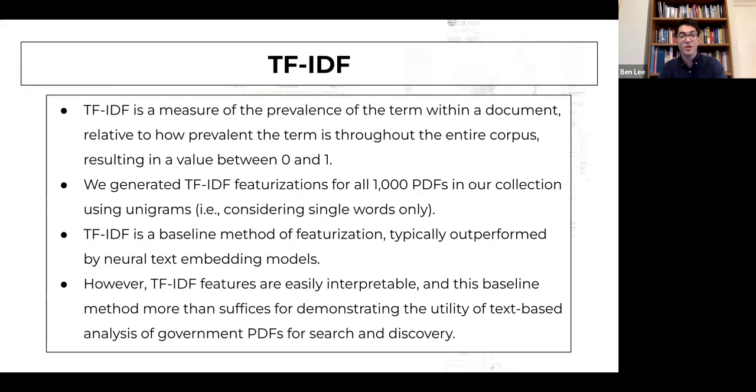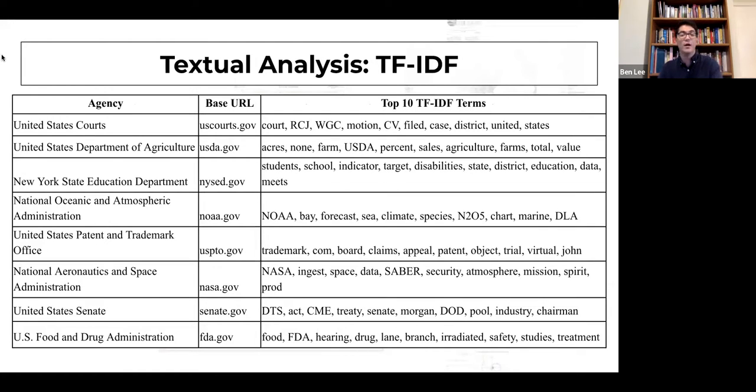On this next page, based on the base URLs, I'm taking each PDF for, say, all the PDFs within uscourts.gov. Then we're taking the TF-IDF featurization and averaging over those PDFs, which gives us a centroid. And then we can take the top terms, meaning the terms that have the highest values in this centroid. We find that these are actually really nice representations of these base URLs.